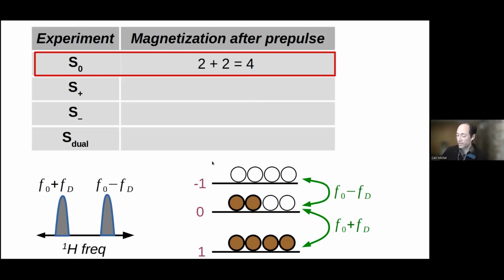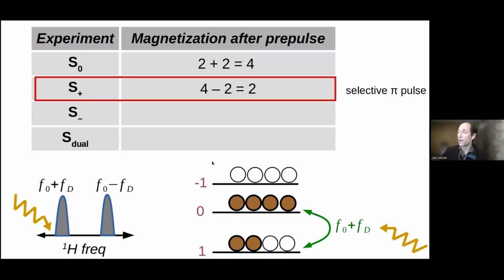Now, I'm going to change my ihMT experiment just a little bit, and apply a selective pi pulse to invert one of the transitions or the other. So I'm going to apply a selective pi pulse here that swaps the populations of these two lower states. Now if I go back and look, what's the Z magnetization available here to create signals? Well, I've inverted these.